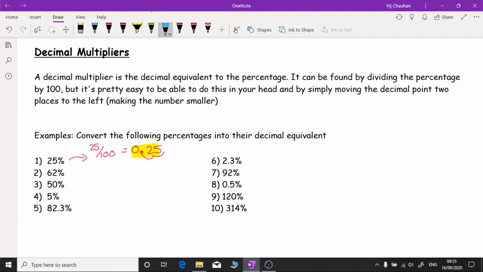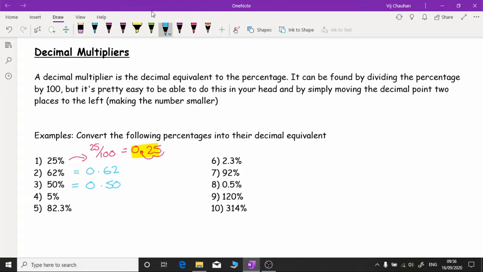With 62%, if I do 62 divided by 100, or move the decimal point 2 places, I get 0.62. Converting 50% into a decimal, I get 0.50.